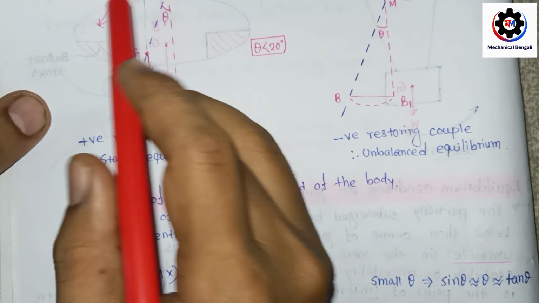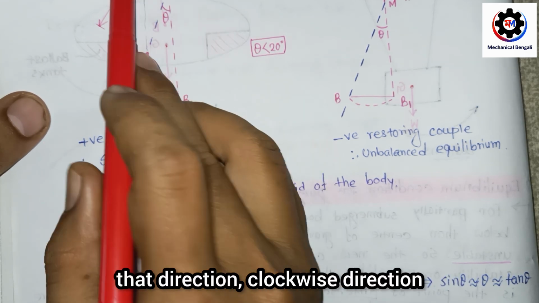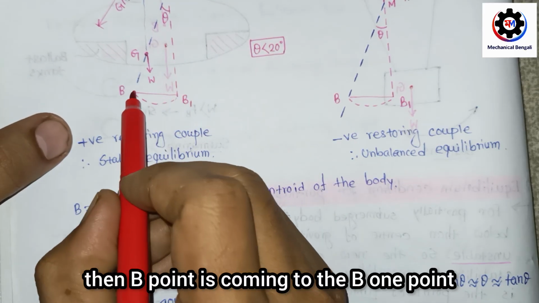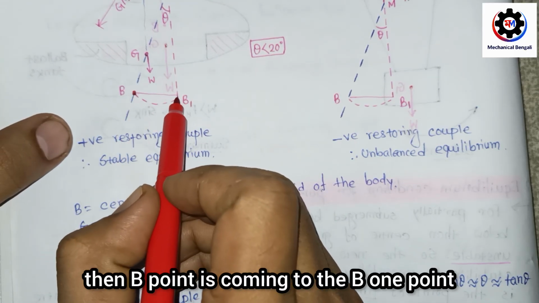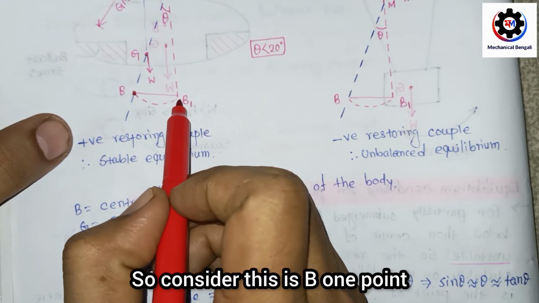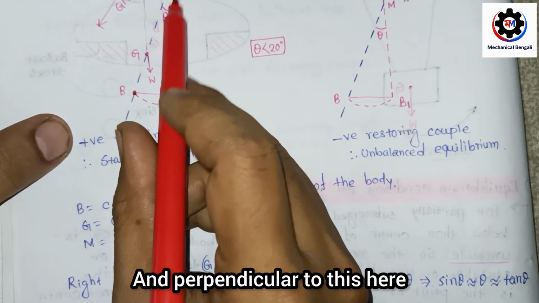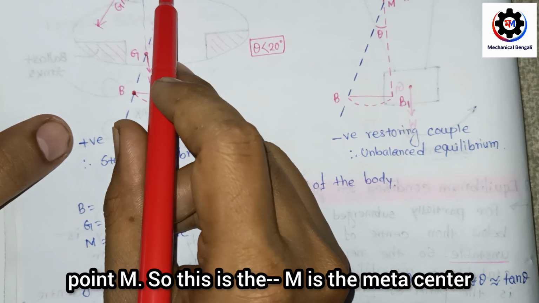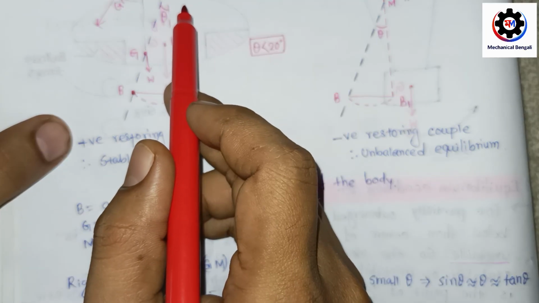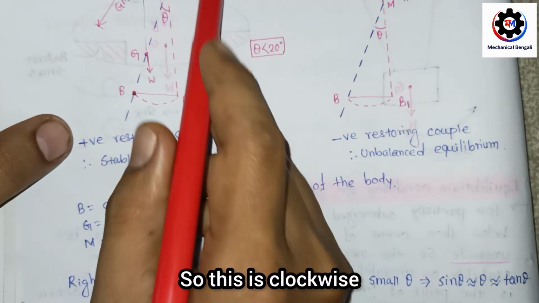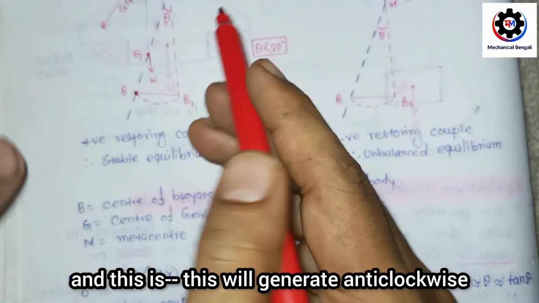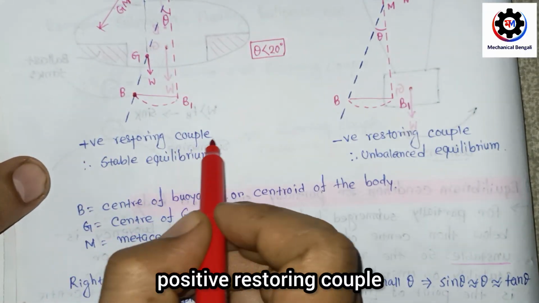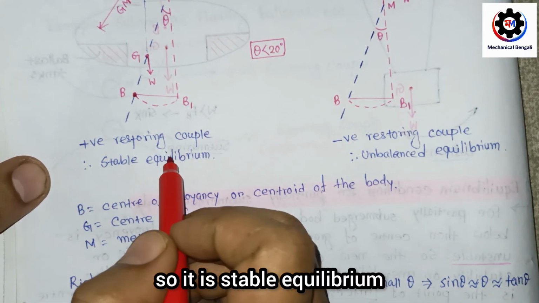When you apply a couple in the clockwise direction, point B moves to point B1. Perpendicular to this, the line of action meets at point M. So M is the metacenter. This is clockwise and this will generate an anti-clockwise couple. So this is stable equilibrium, a positive restoring couple.